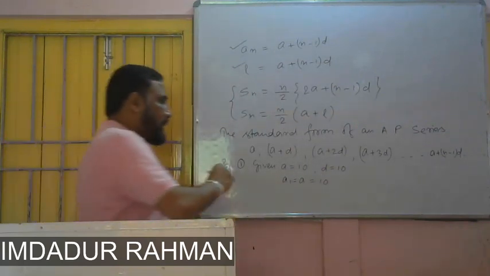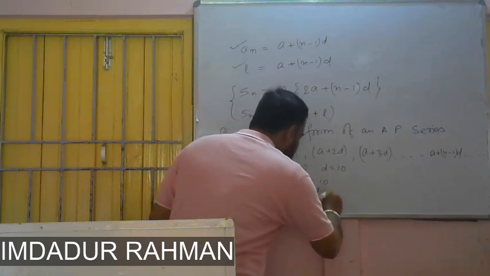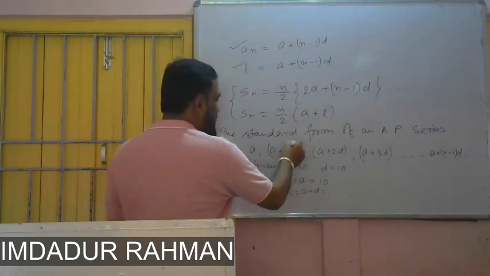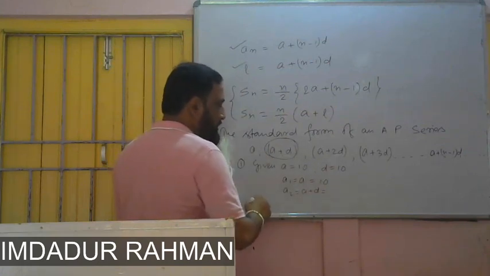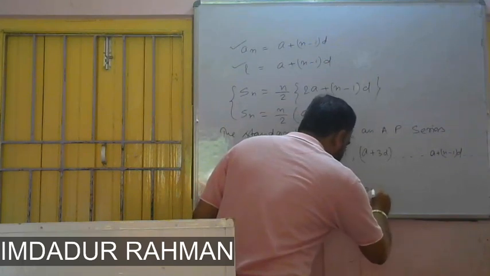Okay. A2 is A plus D, that is, you see, this is the second term, A plus D. So 10 plus 10, that is 20.